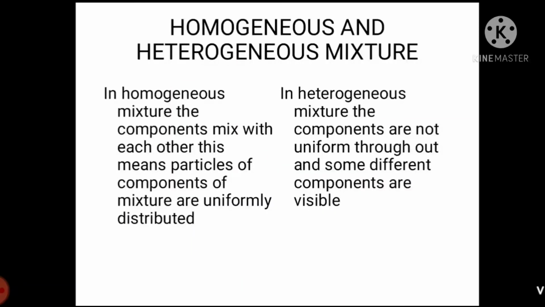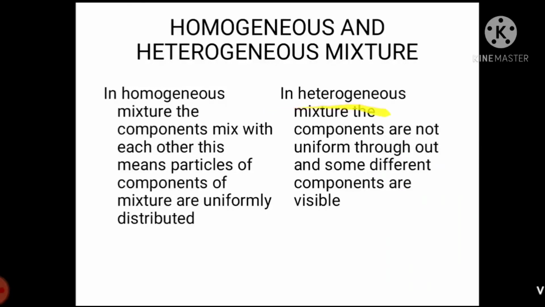Homogeneous mixture. In a homogeneous mixture, the components mix with each other. This means particles of components of the mixture are uniformly distributed. That means homogeneous mixtures are mixtures which have uniform composition throughout.